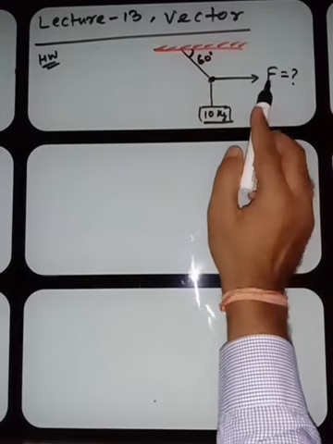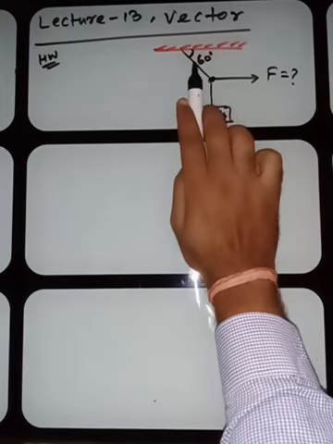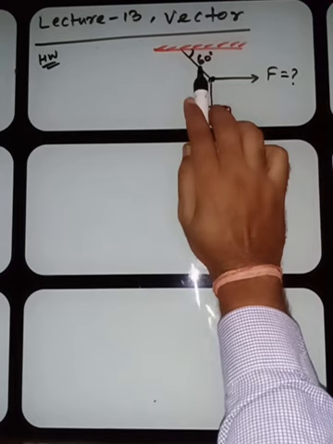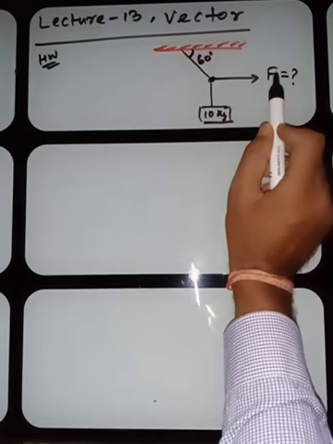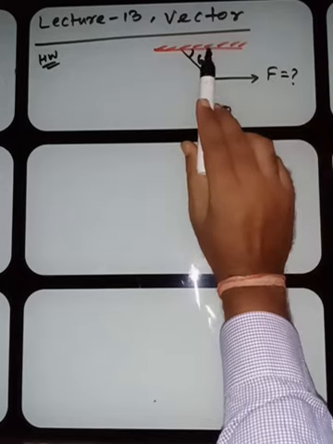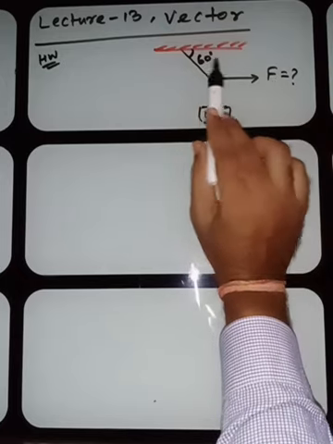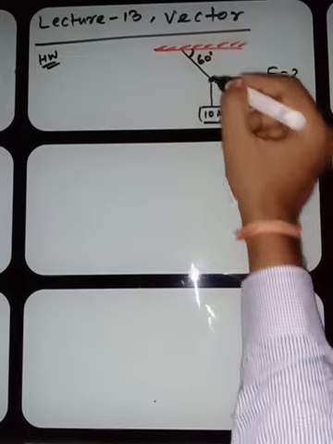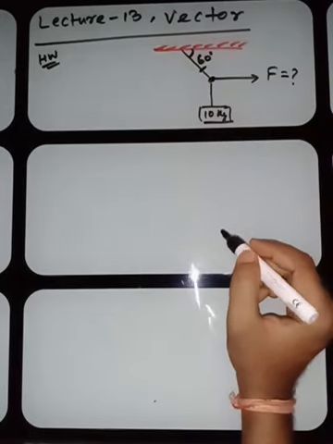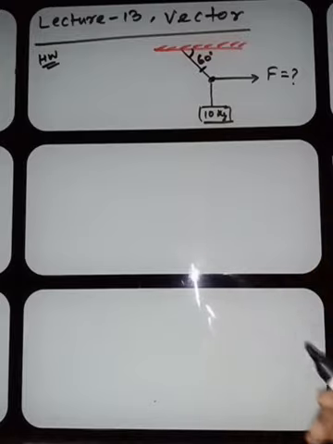Remember, if you increase this force, this angle will decrease. If you decrease this force, this angle will increase. But the question is, how much force must be applied so that this angle is 60 degrees? Also find the force in this string. This is your question, my dear friend.